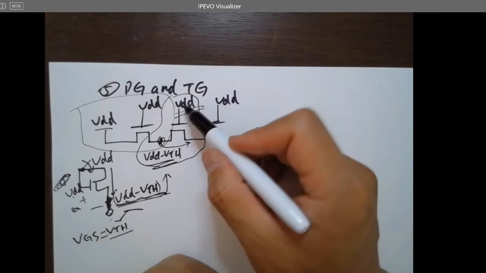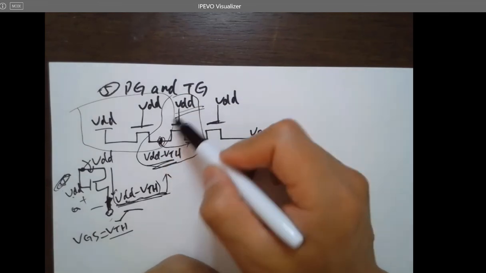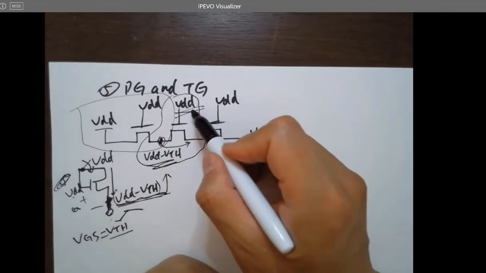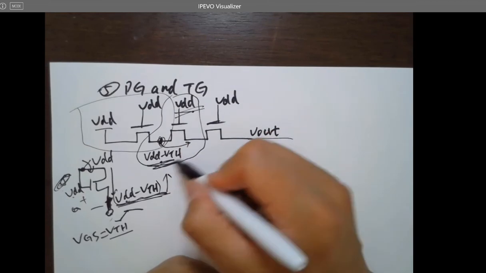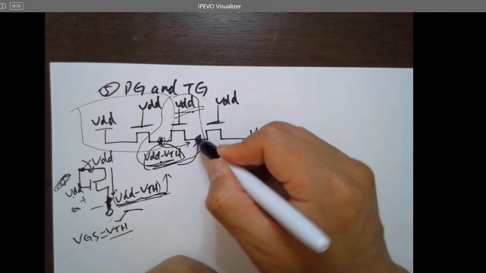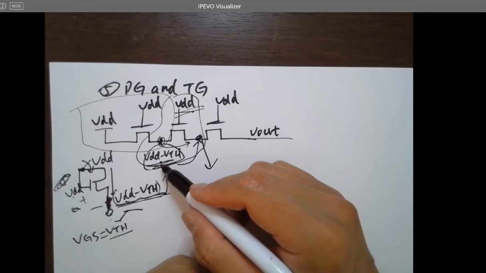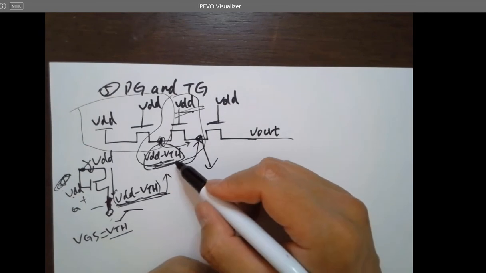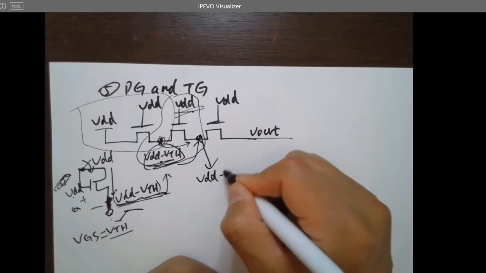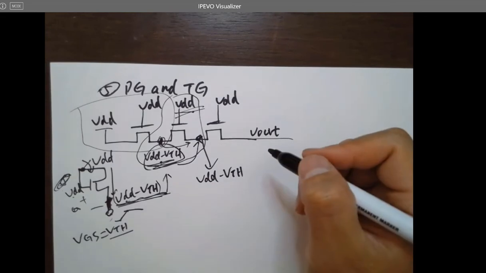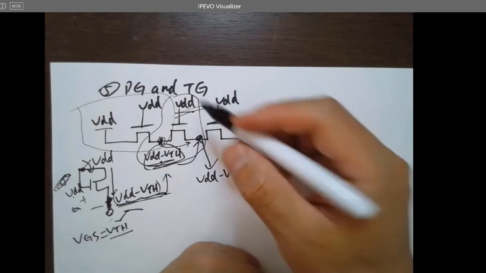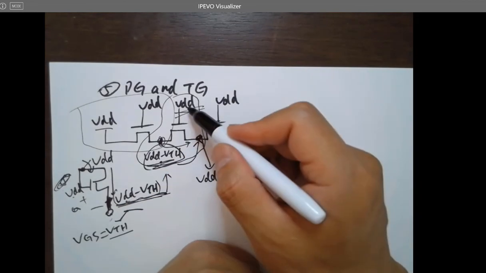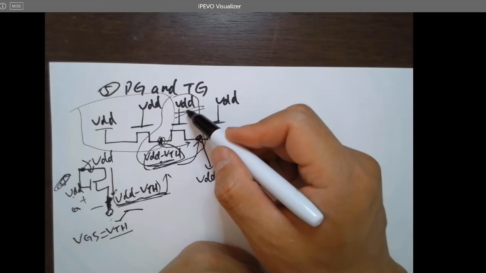Now, compare these two voltages: definitely the gate voltage is higher than the drain voltage. That's why you can actually pass the entire thing to here. So the voltage here will not be VDD minus 2 VTH, but it's going to be VDD minus VTH. It's the same voltage, which means the entire drain voltage can be passed to this point if you have a higher gate voltage.